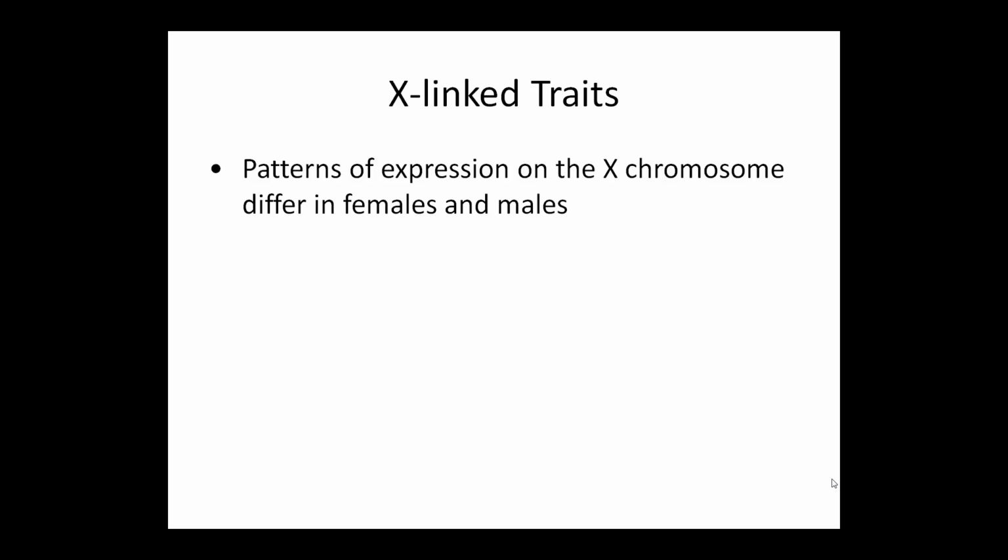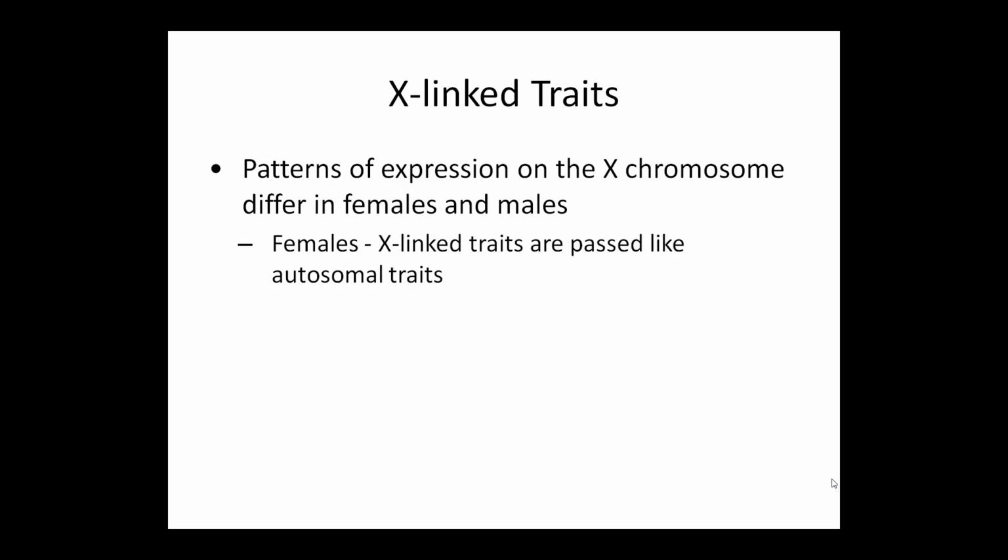Okay, so X-linked traits. X-linked traits, patterns of expression on the X chromosome differ in females and males. So this is very interesting because men get an X chromosome from their mom, but how those genes are expressed in males and females is different. So in females, if there's a mutation on an X chromosome, it's said to be an X-linked trait.